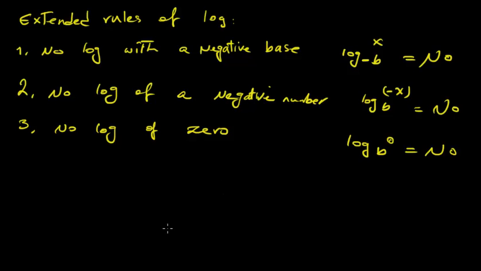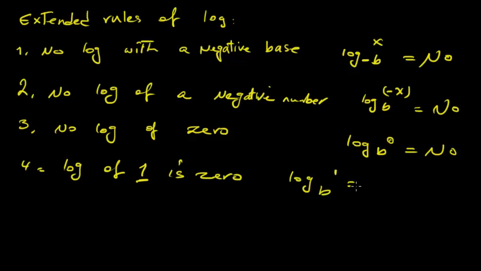The log of 1 is 0. So if you have log b of 1, you know the answer is 0. We have log b of 1 equals 0. And the fifth one is the log with base b and the number b is 1.